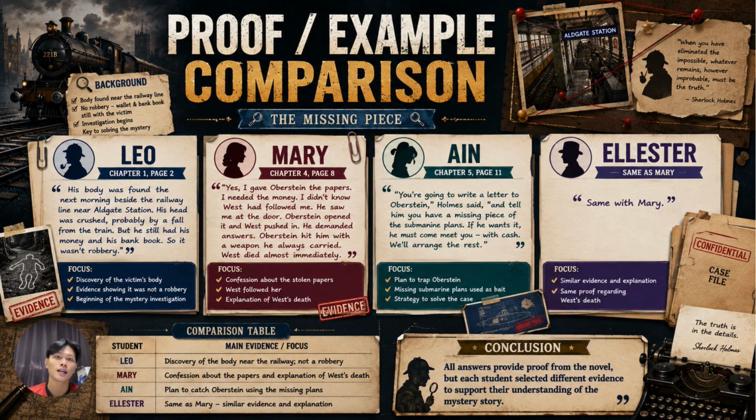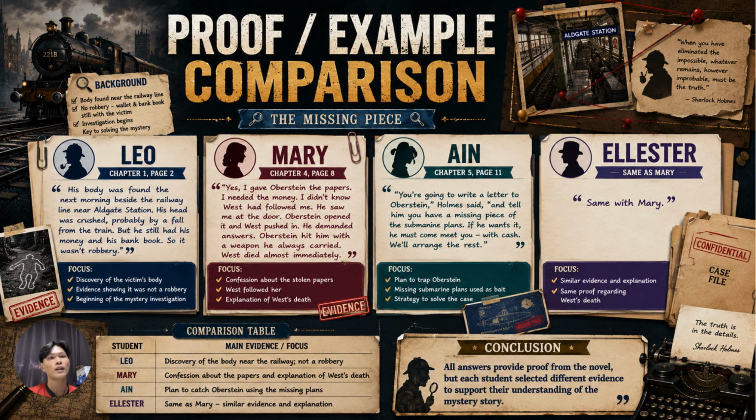Ayn, why does Ayn say Sherlock Holmes is clever? We can find it at chapter number 5, page 11. It mentions, we are going to write a letter to Oberstein and tell him you have a missing piece of the submarine plans.